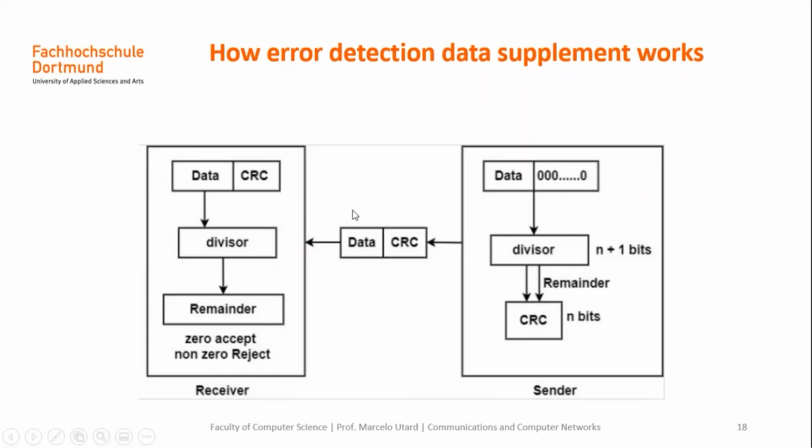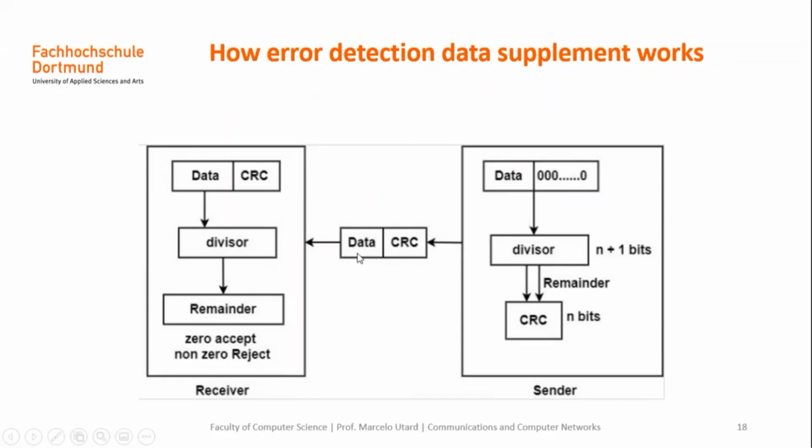We need to understand that over the network, some impairments could happen. For instance, burst noise, impulsive noise, and that kind of phenomena modify the bits that are transmitted over the network.